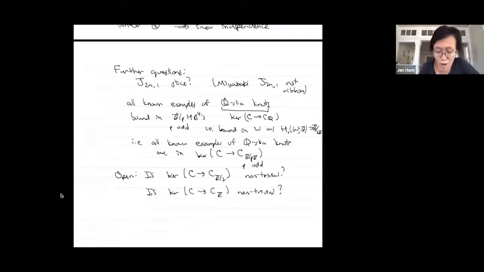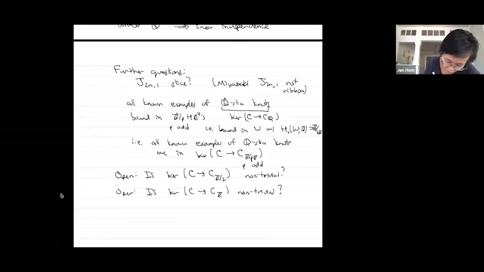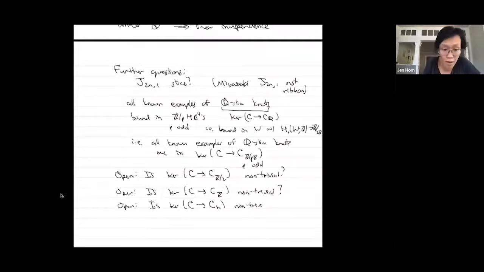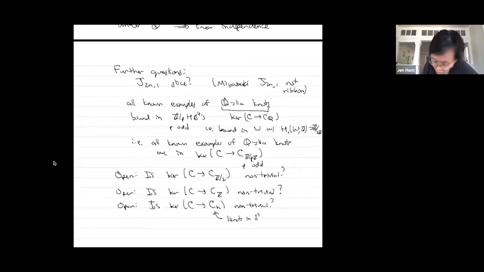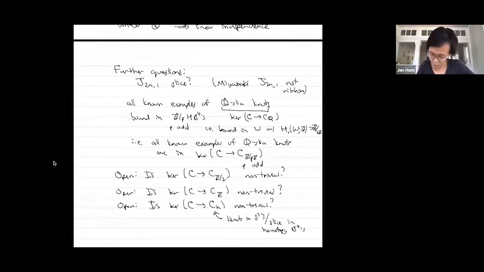Or maybe the real question that everybody wants to answer: the kernel of the map from the concordance group to, I'll write it C_H, where this is homotopy, so knots in S^3 modulo knots that are slice in homotopy B^4s. Great. All right, so that's all I want to say. I'll stop there.